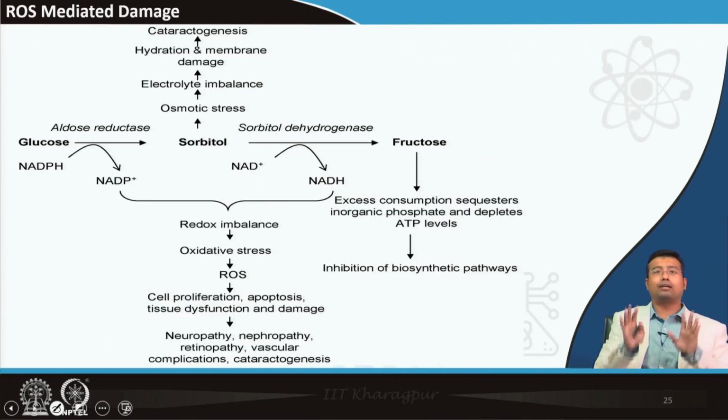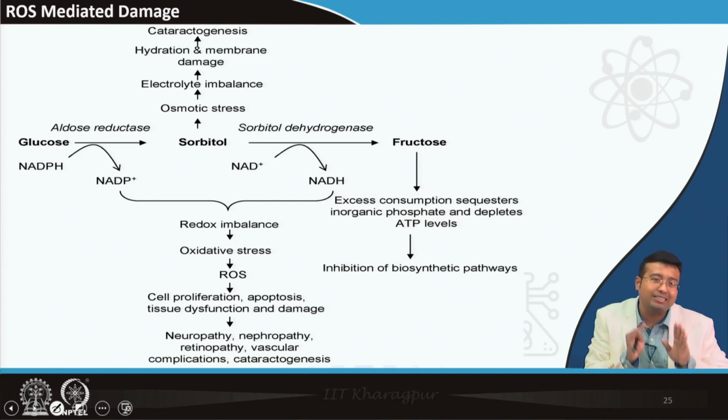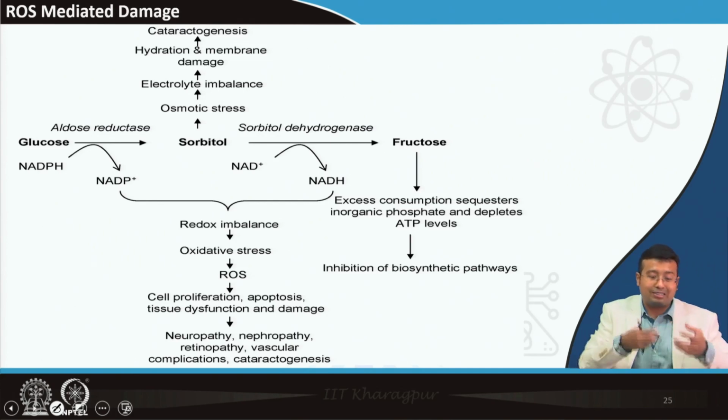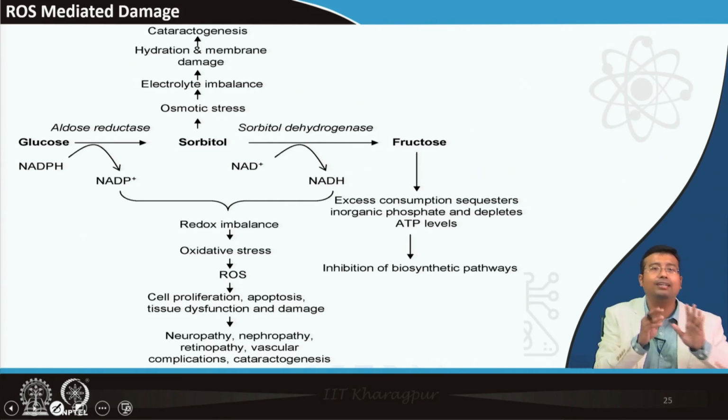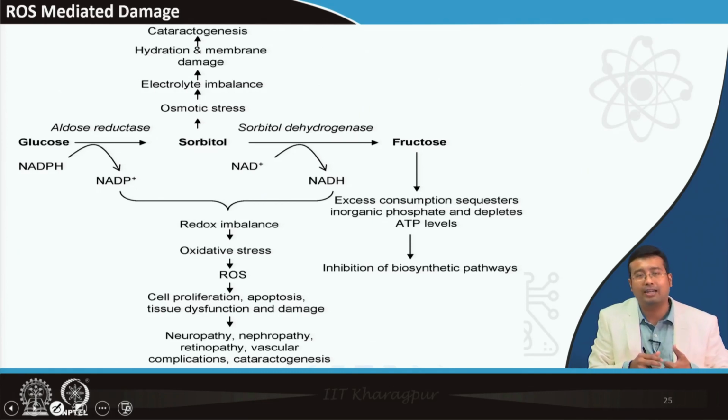And lastly, the major complication, which is the triggering mechanism for all other microvascular complications, is reactive oxygen species mediated damage. I already discussed reactive oxygen species during the HMP shunt and glucose 6-phosphate dehydrogenase deficiency. You already have some idea.